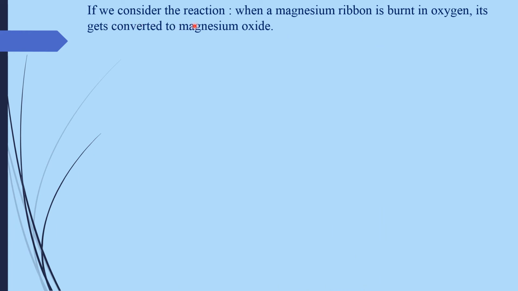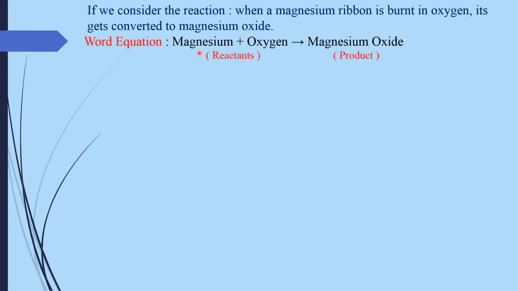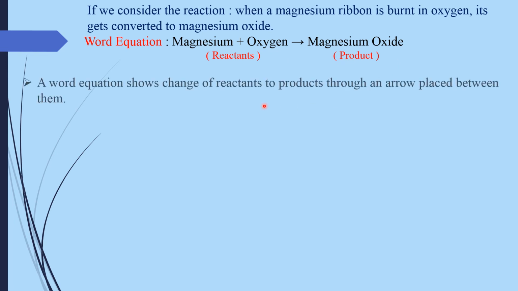If we consider the reaction when a magnesium ribbon is burnt in oxygen, it gets converted into magnesium oxide. The word equation for the above reaction can be written as magnesium plus oxygen gives magnesium oxide. A word equation shows change of reactants to products through an arrow placed between them.